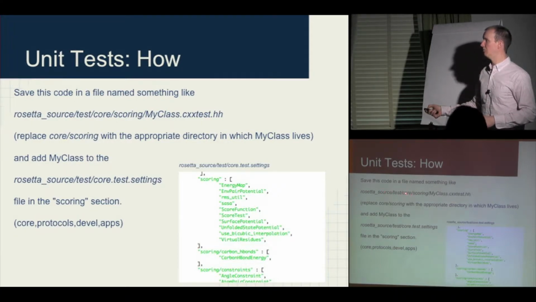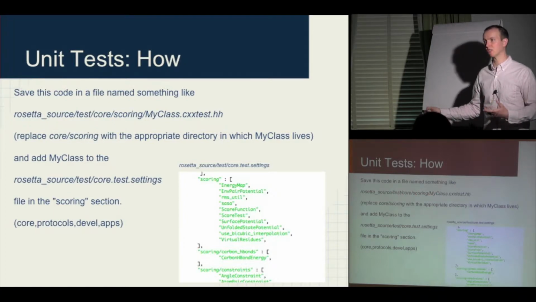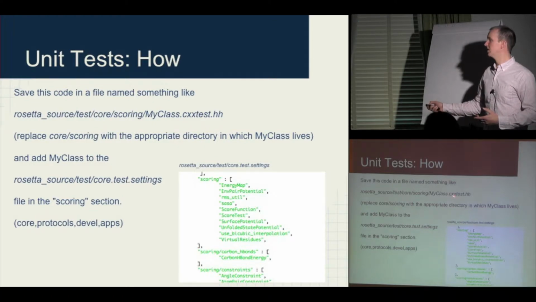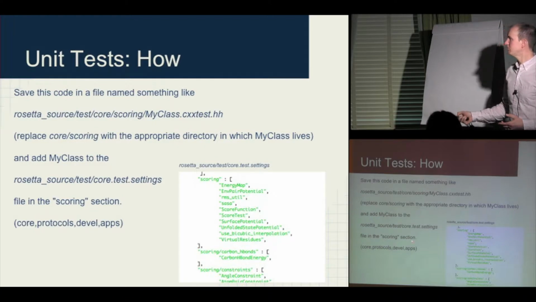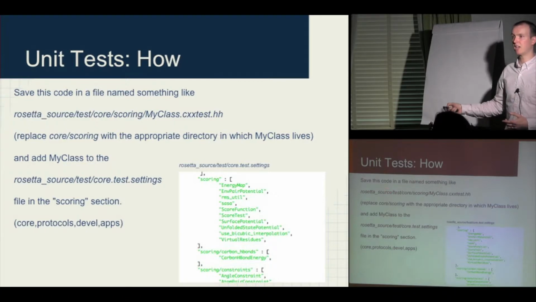Then you have, say, a subdirectory of that, core, that mirrors the directory in the src directory, scoring, and then this would be the name of the file, my class, if you declared some class in core scoring, and then it finishes with cxxtest.hh. So if that's where you declared your class in source core scoring, then this is where you would put your unit test in test core scoring.